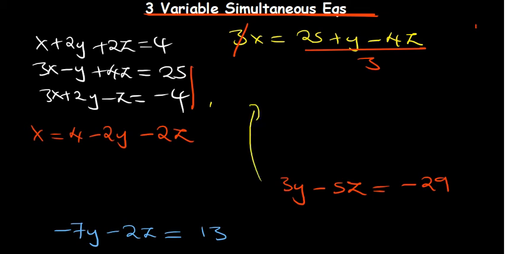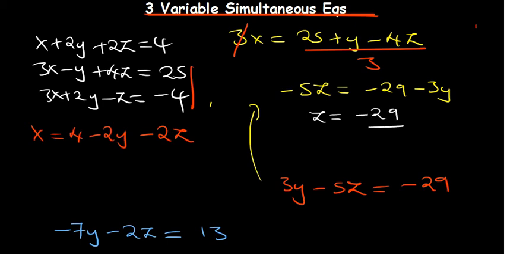So we're going to have negative 5z is equal to negative 29, and then minus 3y. We can divide the entire equation by negative 5. So our z is going to be negative 29 over negative 5, then negative 3y divided by negative 5 again.